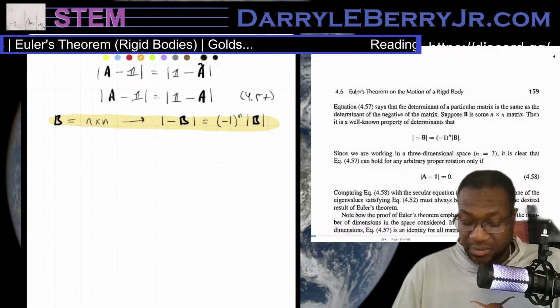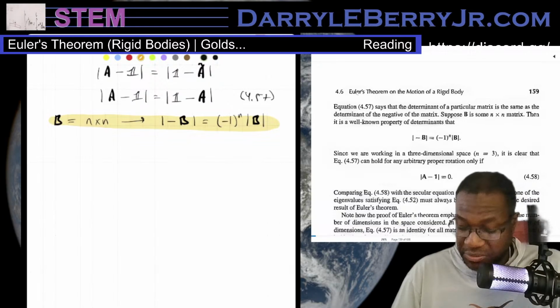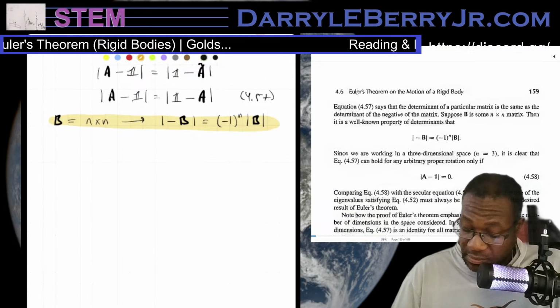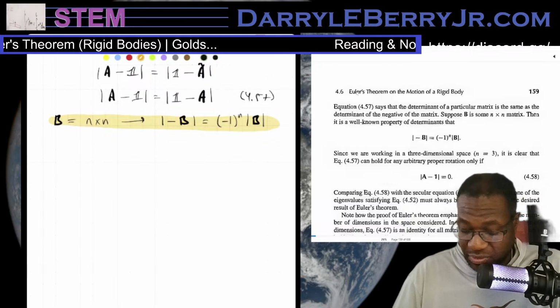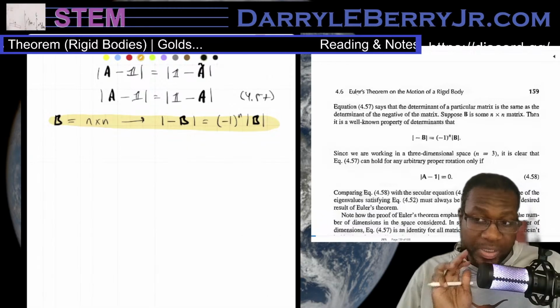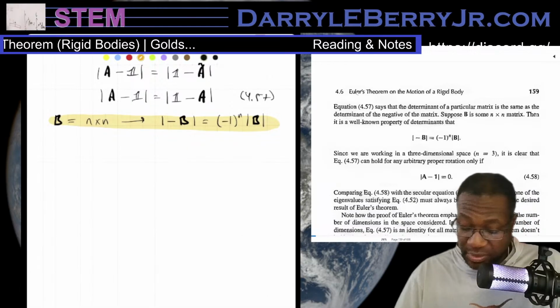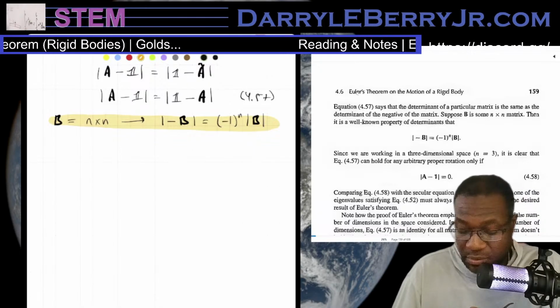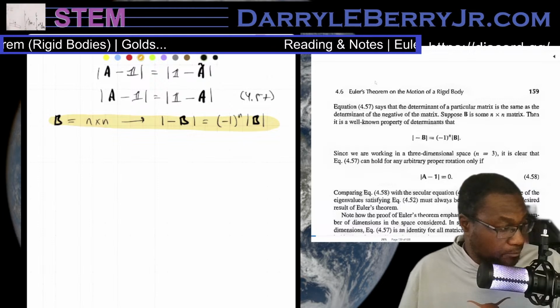The determinant of negative B. You multiply B by -1, take the determinant. That's the same thing as the determinant of B multiplied by -1 times the number of rows and columns. So if there's only one row and column, then the negative determinant is negative. If it's 3, negative, 4, positive, and so forth.